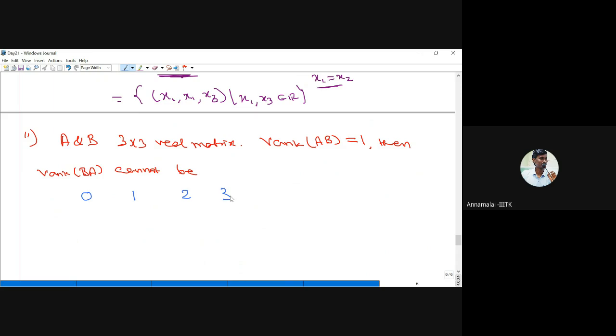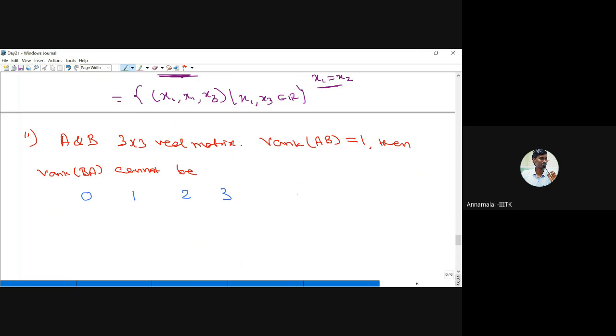So the rank of BA cannot be what? A is a 3 by 3 matrix, B is also a 3 by 3 matrix. Therefore AB is also 3 by 3, and BA is also 3 by 3. I am saying that it cannot be 3. Why?